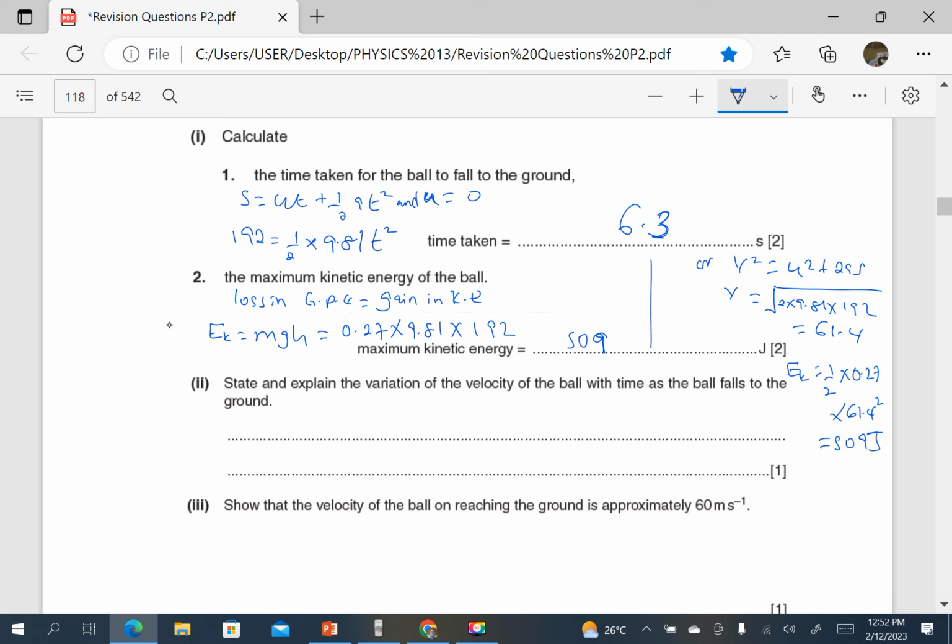State and explain the variation of the velocity of the ball with time as the ball falls to the ground. As the ball falls, remember air resistance is negligible.